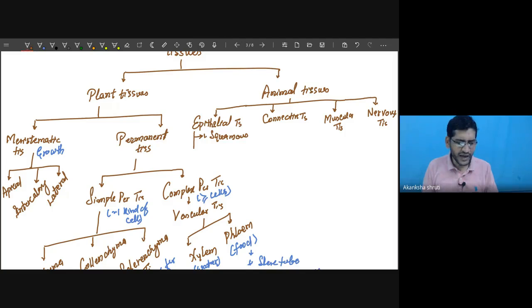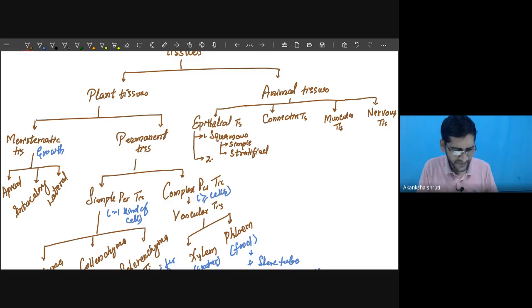This may also have thickness, so squamous is again of 2 types: simple squamous or stratified squamous. Simple squamous is a thin layer, one thin layer over another, so a thick layer is formed. That is called stratified. Stratification means layered form.